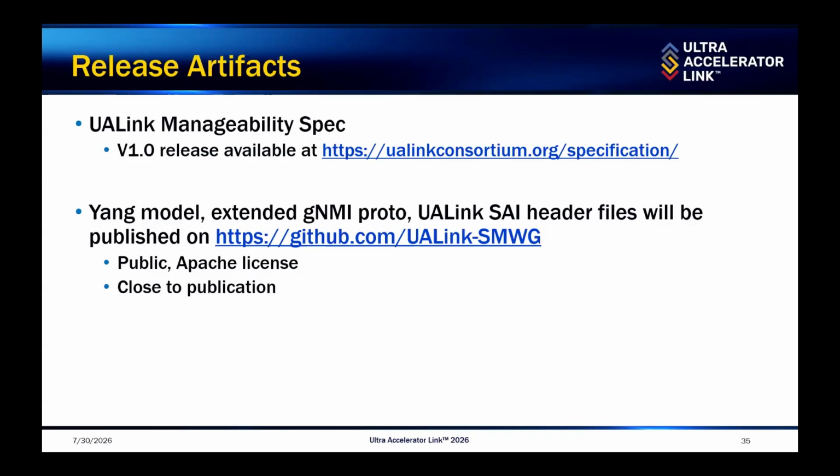With that, we will be done with the manageability section. The 1.0 release of our spec is on the UALink Consortium website, and these YANG models, gNMI protos, and the SAI header files will be published on GitHub fairly soon.